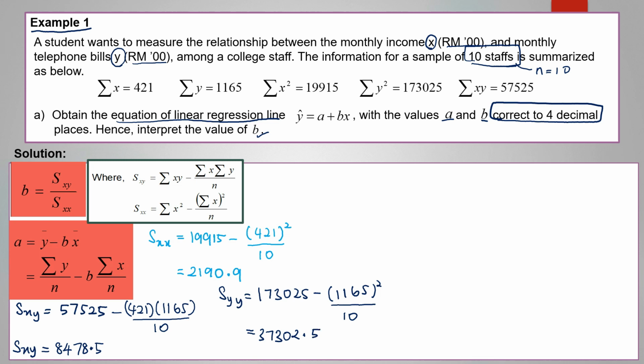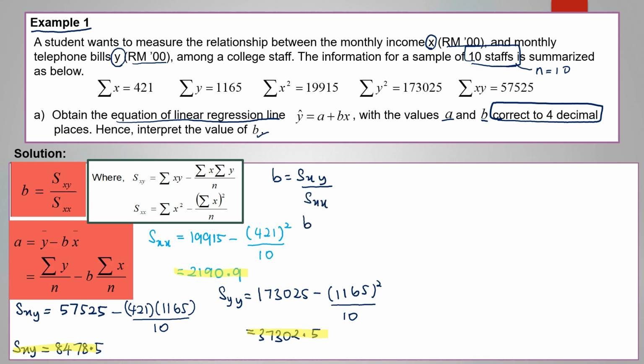So here we already have the values of Sxy, Sxx, and Syy. So now, let's find the coefficient b. b is equal to Sxy divided by Sxx.